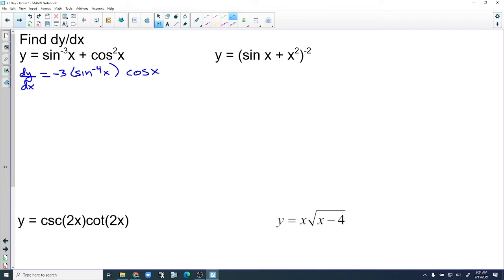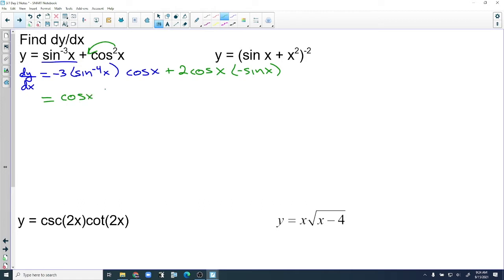That's the derivative of sine to the negative third. And then plus 2 cosine of x. So that's multiplying down front, reducing the power by 1, times negative sine of x. We can factor out just a cosine.